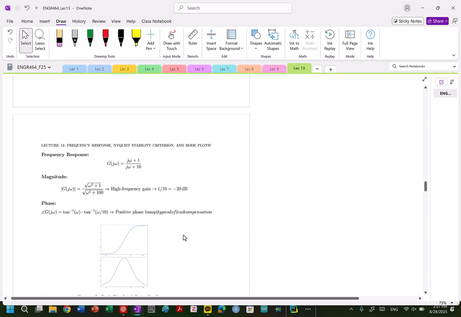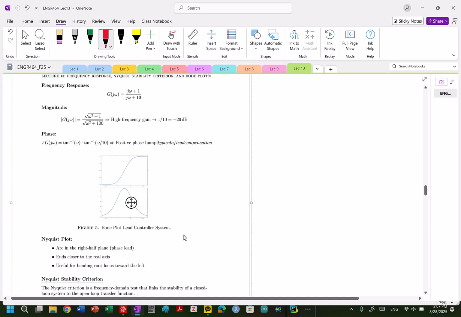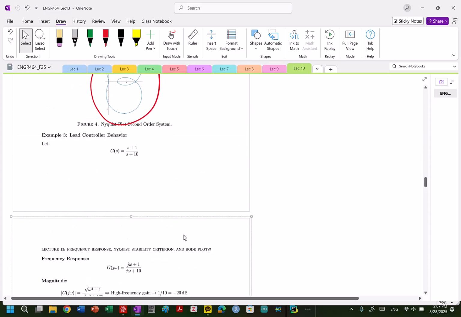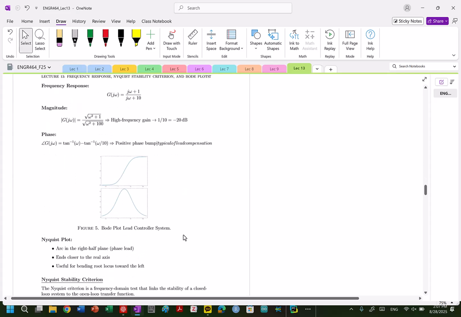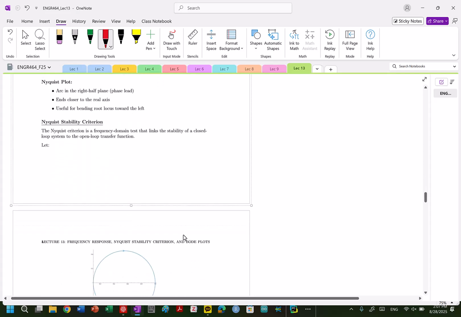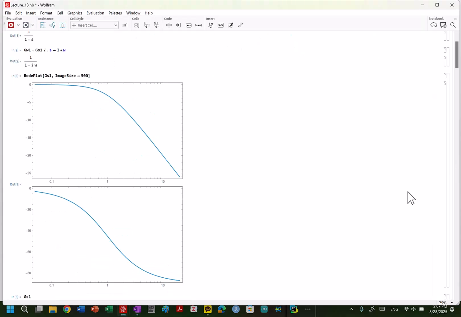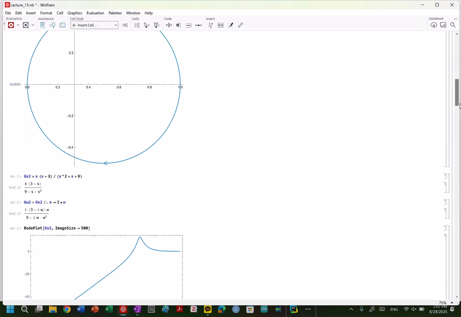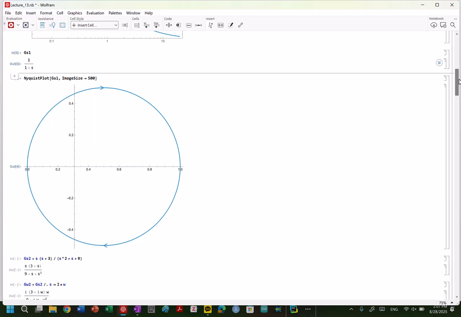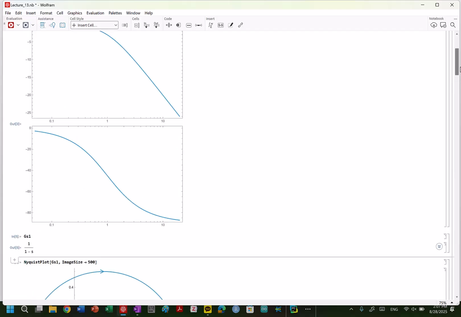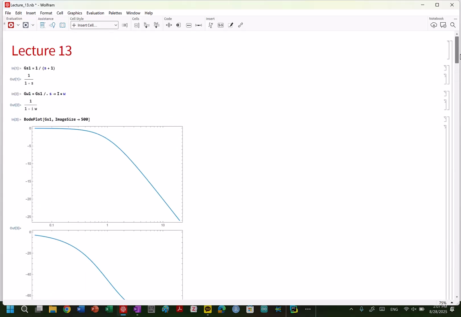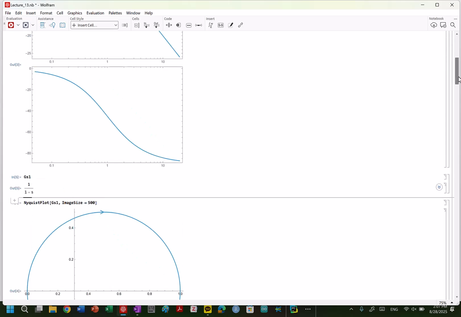You can do the same thing for another system, and you see this peak, and then our plot. Fairly straightforward, and honestly, the sketching method is not going to give you a tremendous amount of insight.